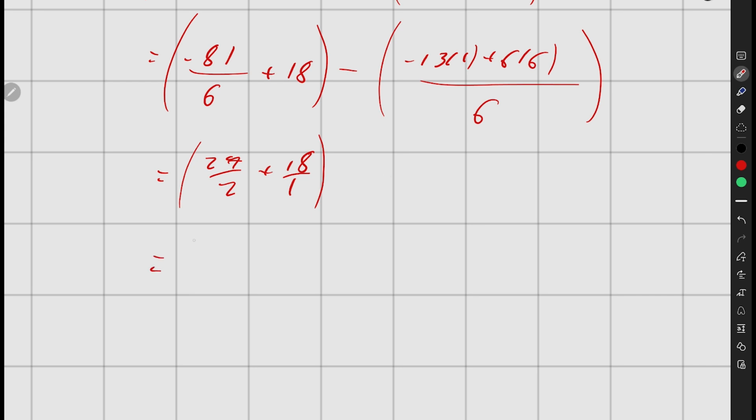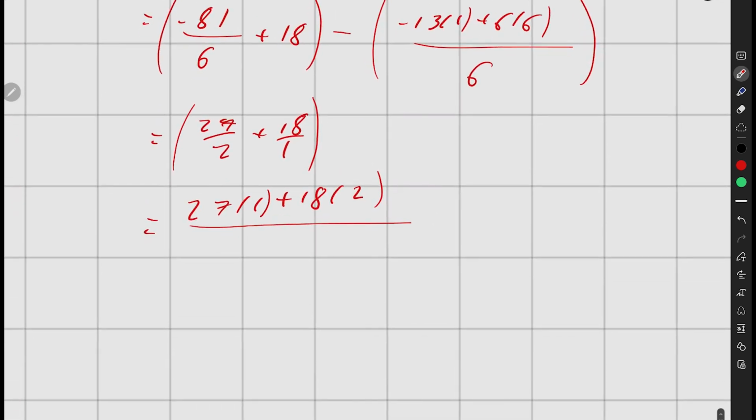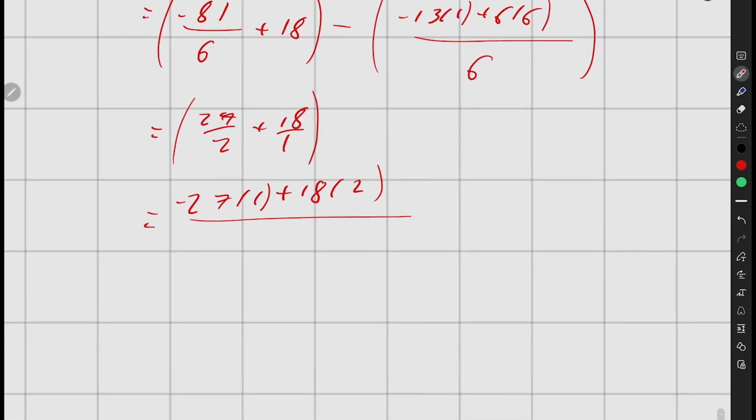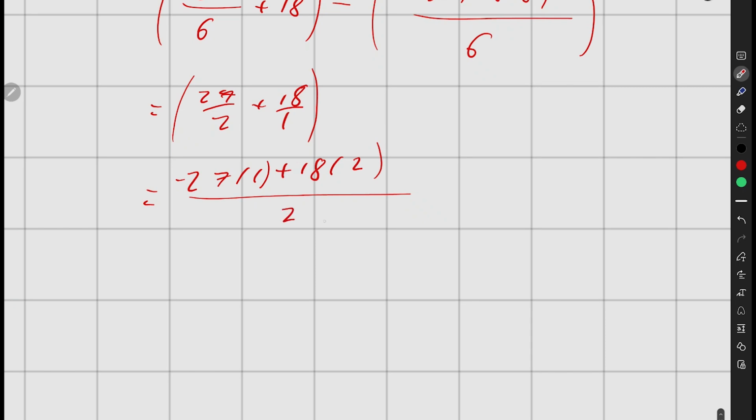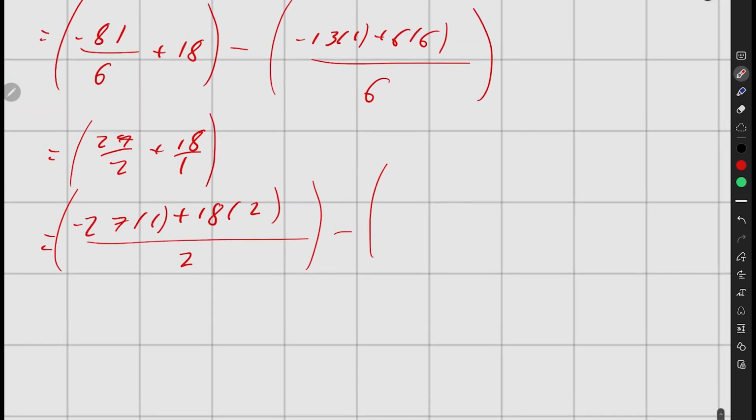That's going to become 27 times 1. So it's going to become that, then divided by 2, minus 13 plus 36 is 23 on 6.